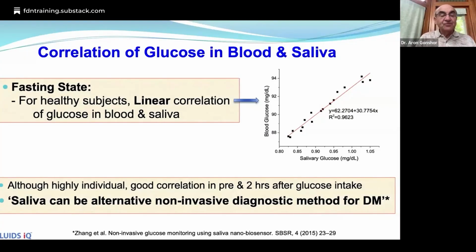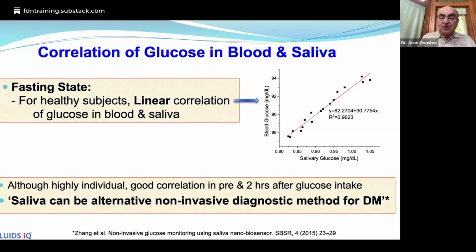Having said that, let's immediately look at the correlation of glucose in blood and saliva. For example, in a fasting state, for healthy subjects, it is now well understood, from many studies, that there is a very linear correlation of glucose in blood and saliva. Although the values can be highly individual from person to person, you get a good correlation pre and 2 hours after glucose intake.